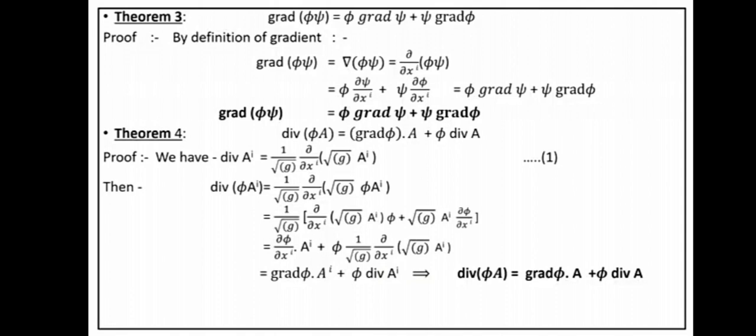So we get divergence of φa equal to gradient φ times a plus φ divergence a.